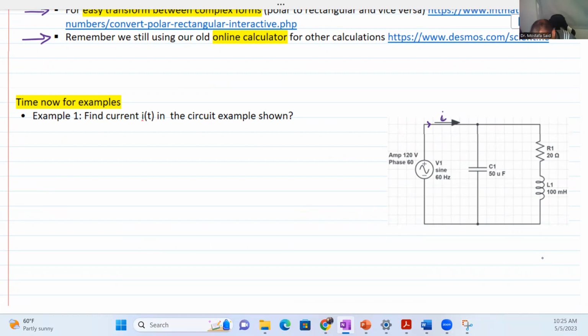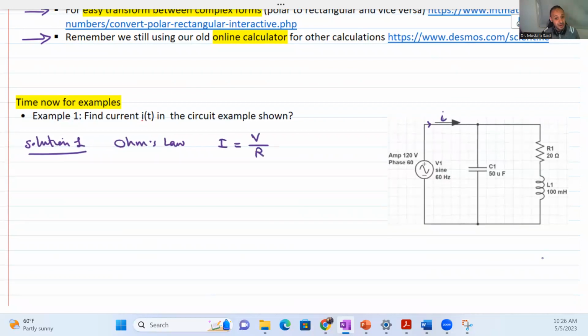Solution one, Ohm's law, the basic. Solution one, using Ohm's law. Ohm's law: I equals V over R. This is in DC, my friend. Here, it will be small i equals v over Z, the impedance.